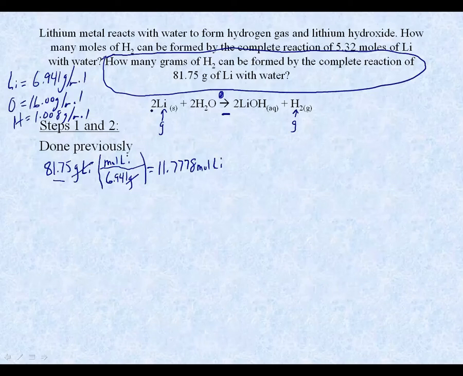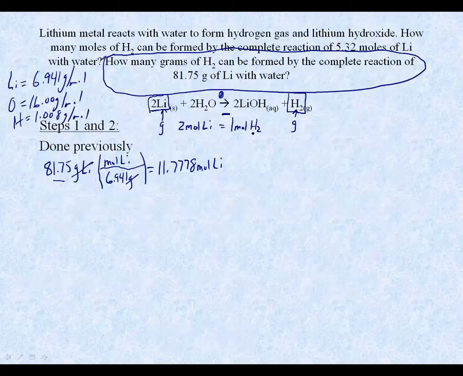And now we can do the next step, which is go to the equation and look at the two things we're interested in, which in this case happens to be the exact same thing as we did on the first problem. So just like in the first part of the problem, we see that for every 2 moles of lithium, we get out 1 mole of H2.